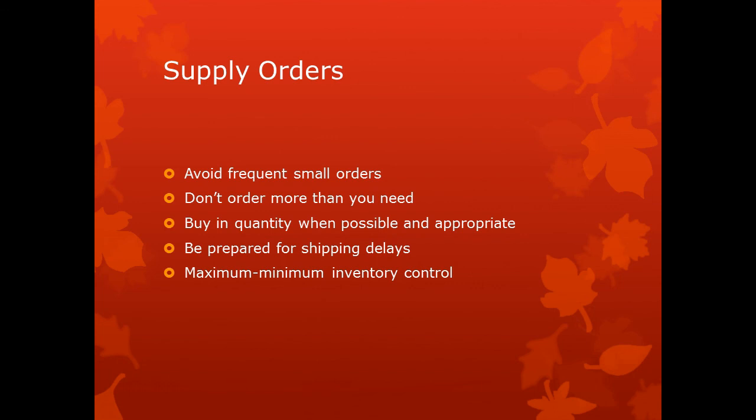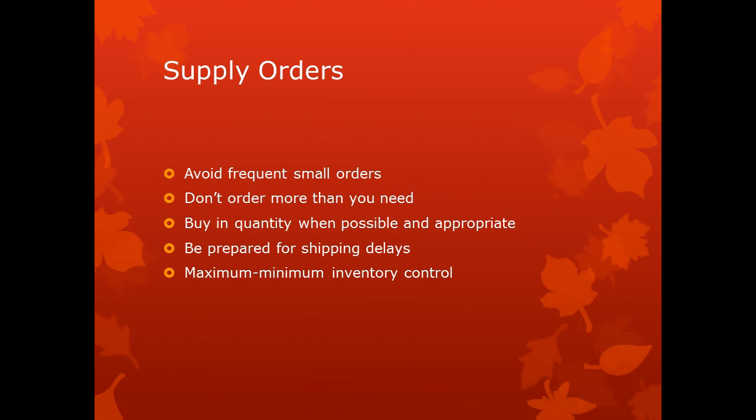But for us, we have to be a little more careful. We want to avoid frequent small orders. One of the things we're trying to do at Acadian right now is to get the same type of laser printer, or at least black and white laser printer, for all of our instructors to use. If we could do that, then all we would need is one toner cartridge instead of 50 different ones.